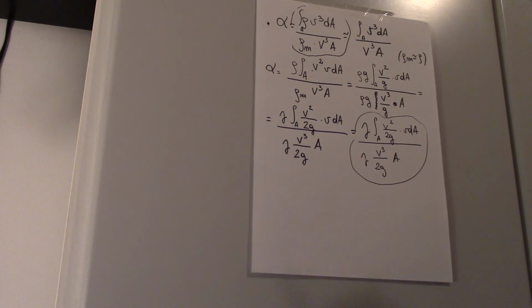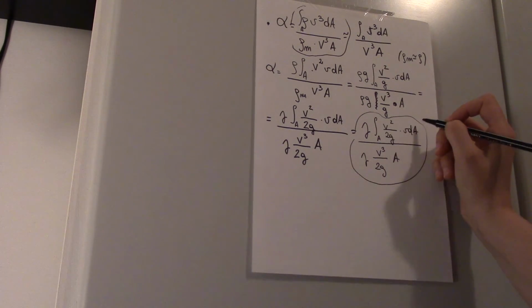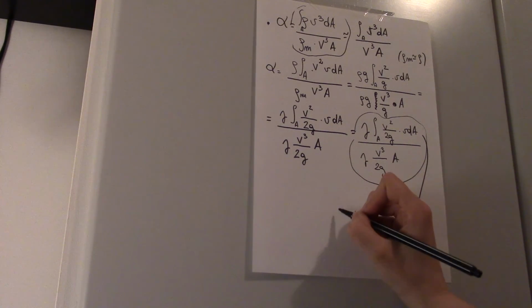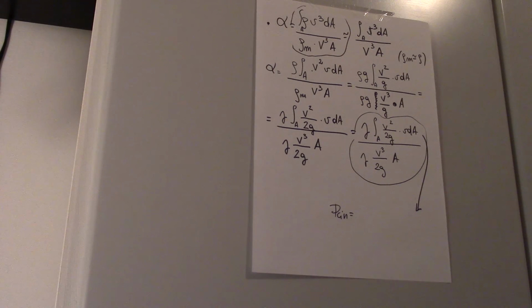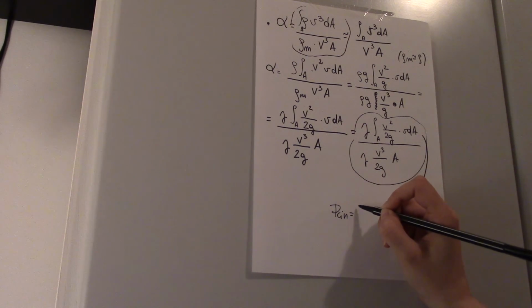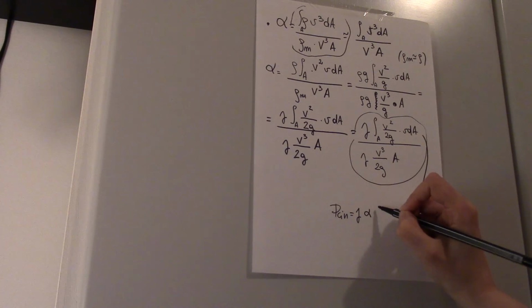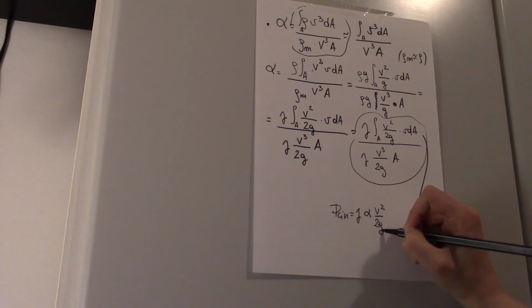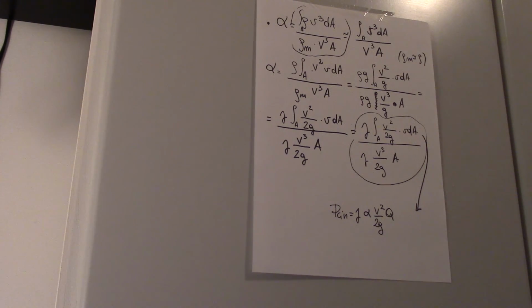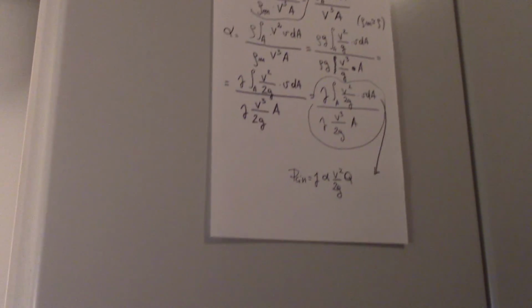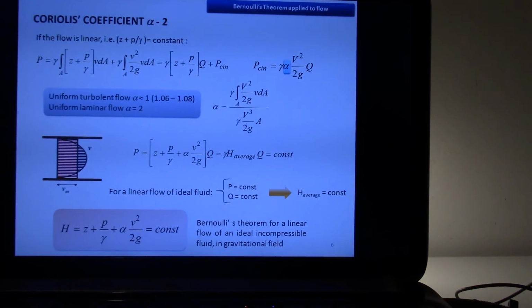In particular, this one derives from the kinetic power, so we can demonstrate that the kinetic power is exactly this first term, because the kinetic power is given by gamma alpha times v to the power of 2 over 2g times Q.